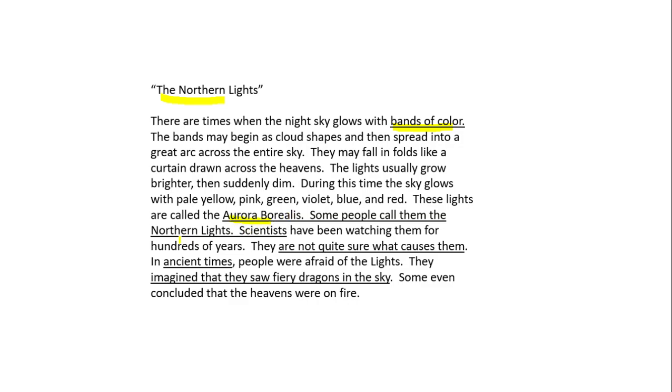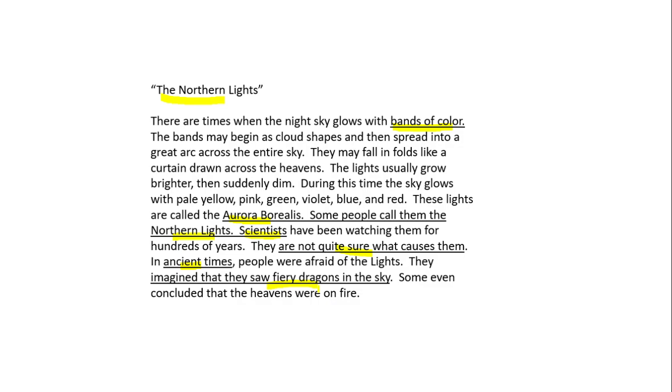What are these lights called? What do some people call them? Northern lights. Now scientists are not sure what causes this. Ancient people saw fiery dragons in the sky. They imagined that. These are enough notes for me to write about the northern lights.